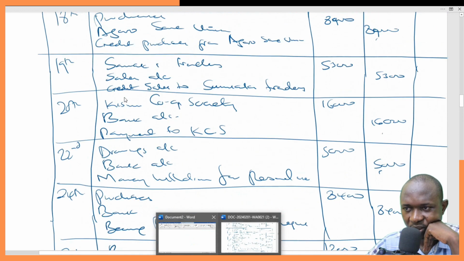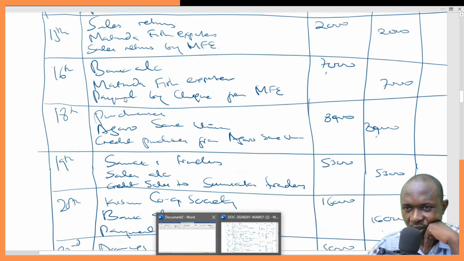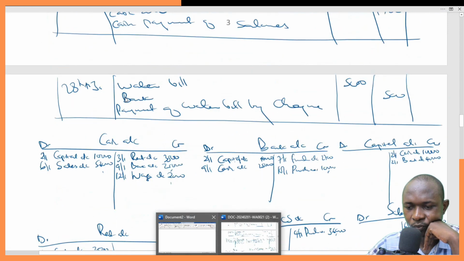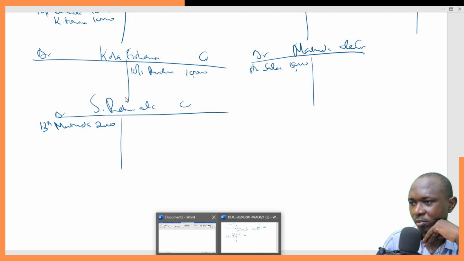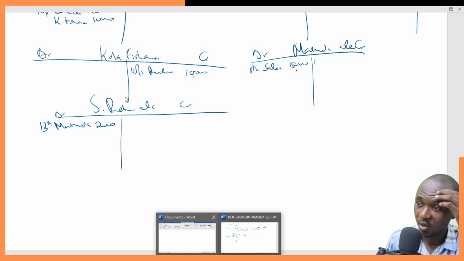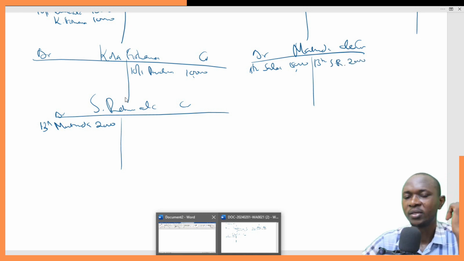So debit sales returns, that was on 13th. Matunda 2,000. So we come to Matunda because we already have Matunda here. We simply say 13th sales returns account 2,000, like that. Let me just confirm the date. That was 13th. So let's go to 16th.